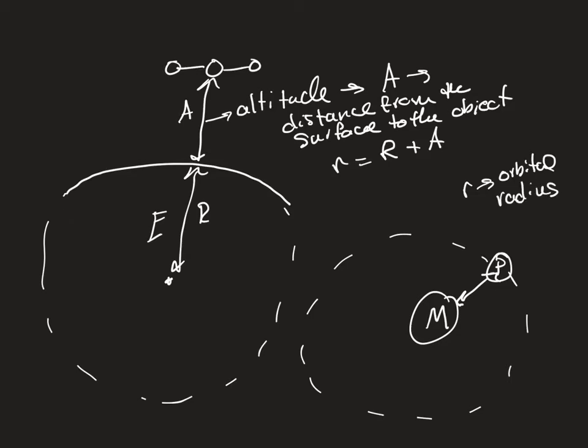And orbital radius already includes center to center, so I should really draw this like this. So whenever you have an orbital radius, you don't need to add in the radius of the two objects into the distance from center to center because it's already center to center.